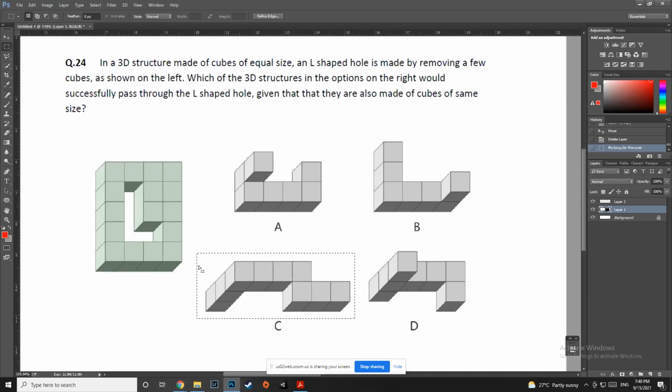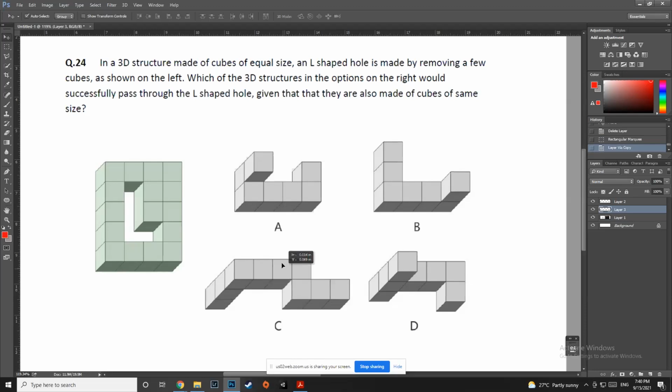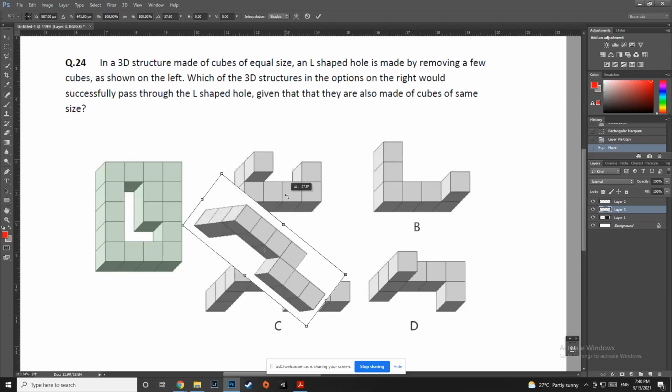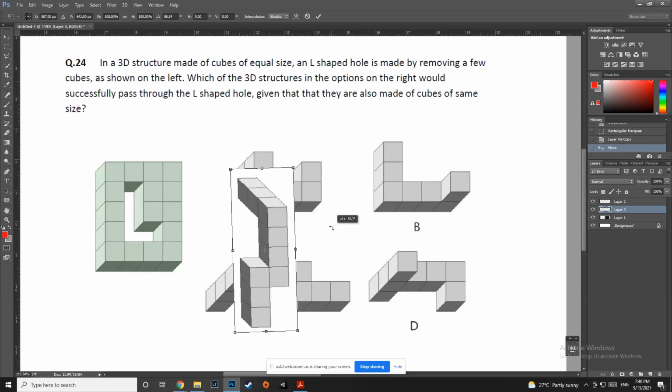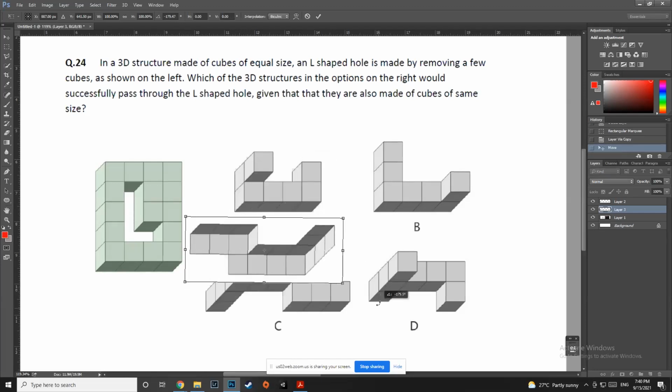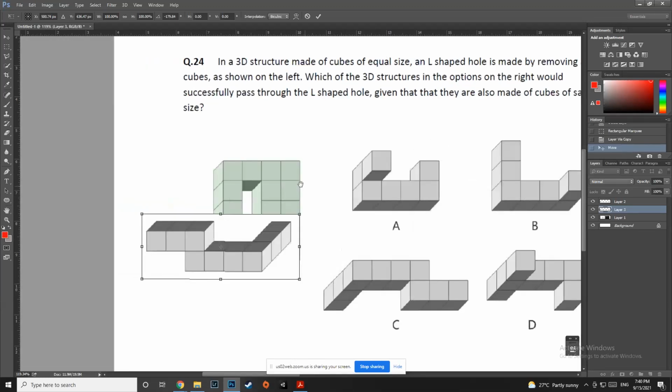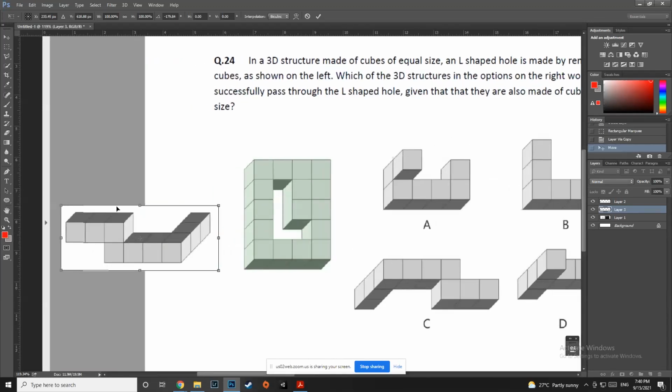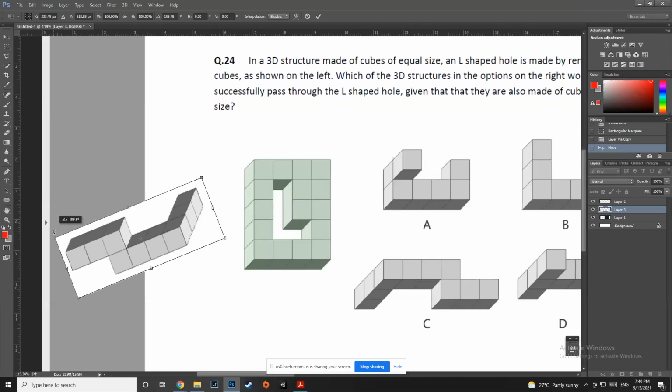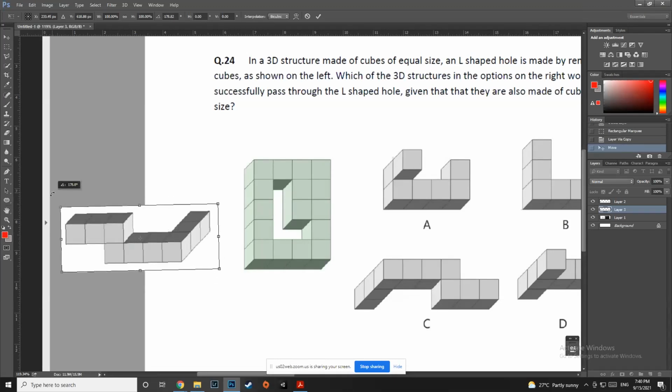Okay. Now let us try and see if we can. Let me see if Q can help me.